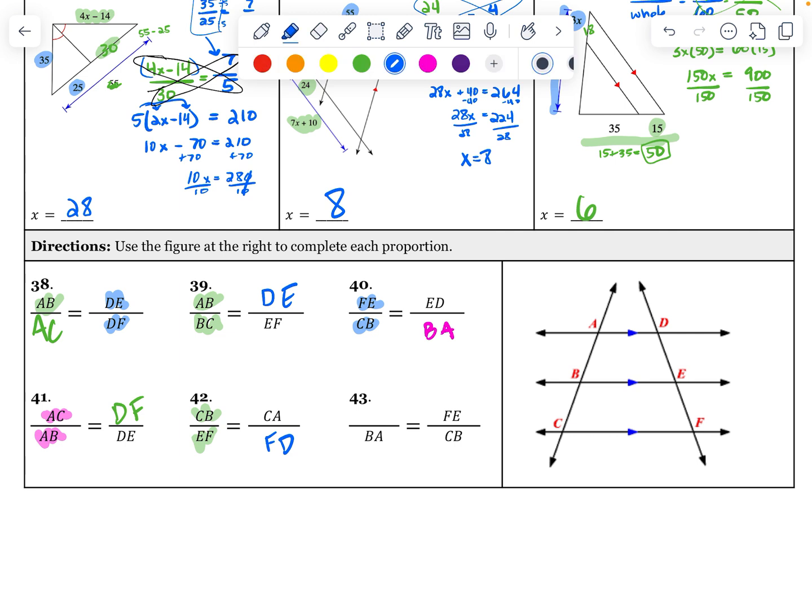We've got BA from B to A. All right, and then CB went with that, so, ooh, interesting. Okay, so I have FE over CB is going to be this chunk over that chunk, right? So that's a DE or ED because we went from B to A, so I need to go from E to D instead of going down. I need to go up.